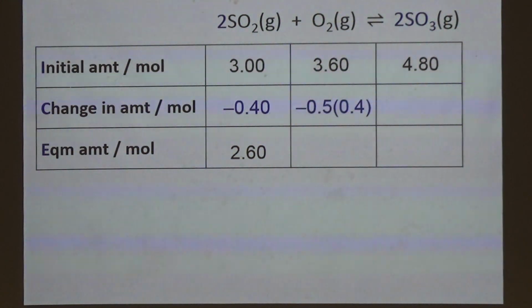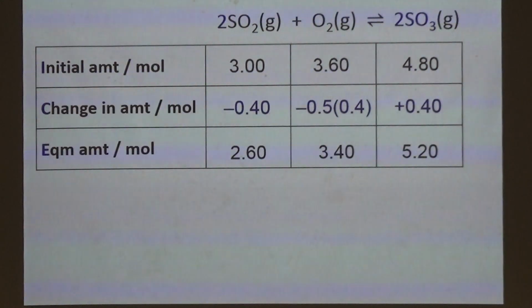So you will get 3.40. What is the change in amount of SO3? This will be plus 0.40. So you will get 5.20. These are the equilibrium amounts of the three gases.